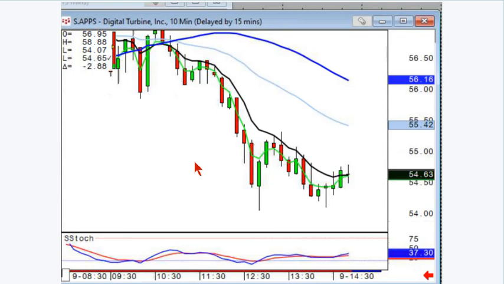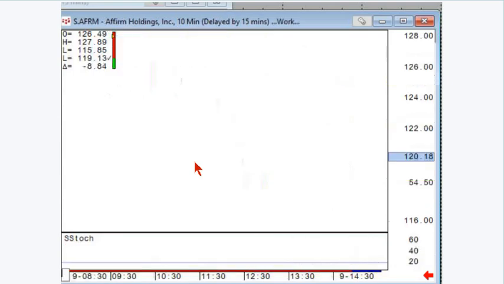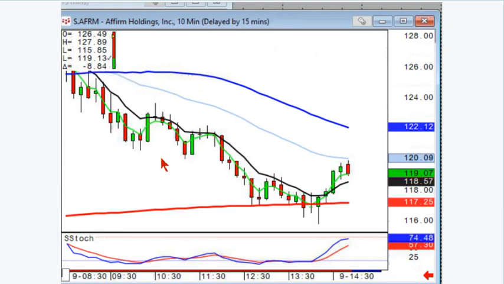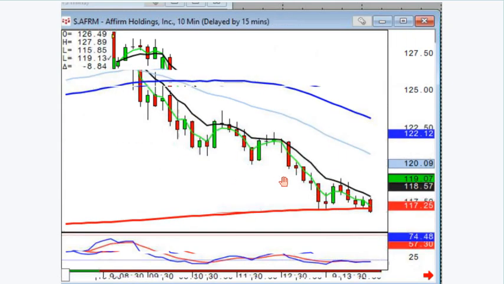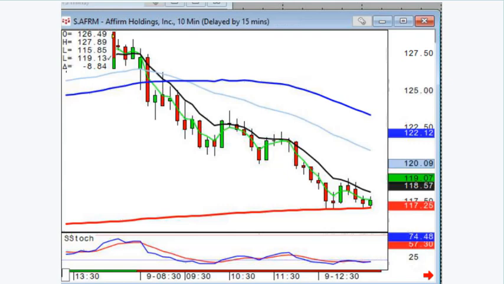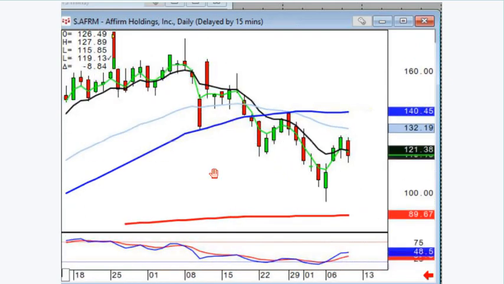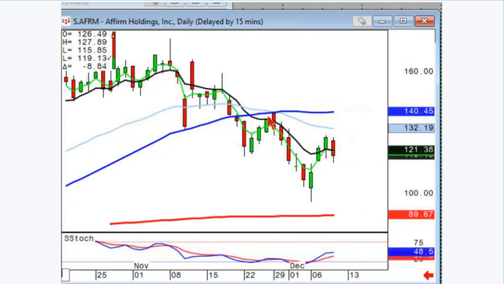Does a dark cloud have to be the specifics of a dark cloud? No, it doesn't. Whoops, 10-minute chart. It's that it opens above any of the previous day's trading and closes more than halfway down the previous day's candle.